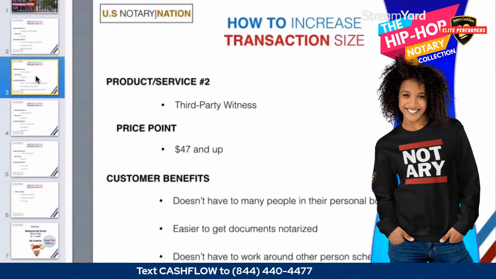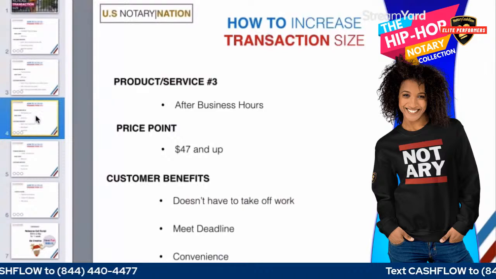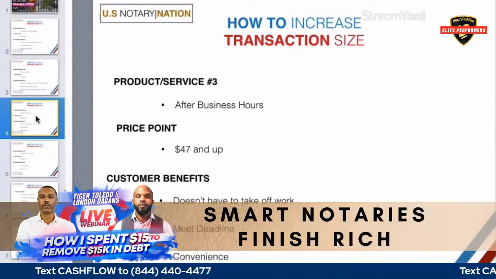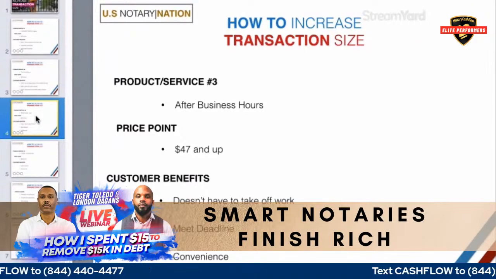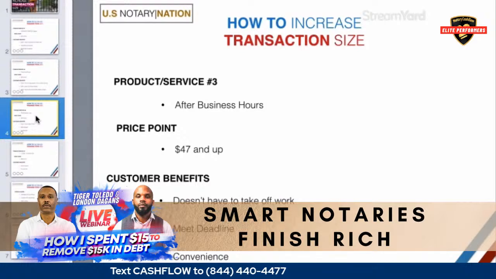Okay. The next one is after business hours. You can select what your after business hours are going to be. It could be after 5 o'clock, after 6, after 7 o'clock, and then you charge them a premium because they're getting the documents notarized after business hours. So you can charge anywhere from $47 and up.